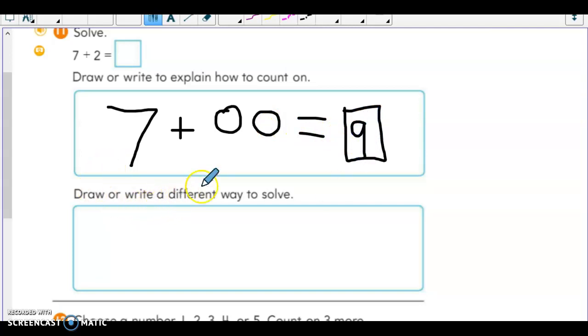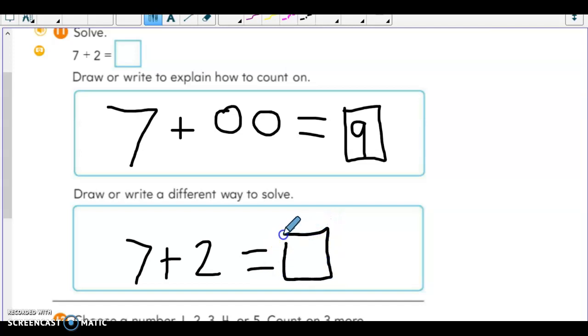It says draw or write a different way to solve. Okay, so we could do 7 plus 2, just like it gave us, equals, this is our unknown box. We're still trying to figure that out. Okay, we could draw the circles, right?